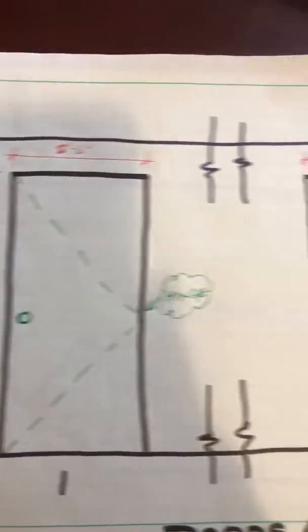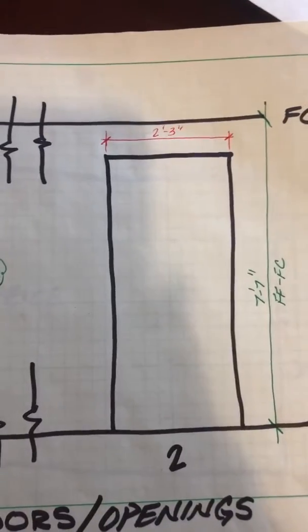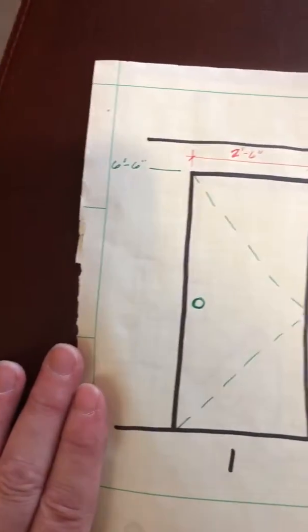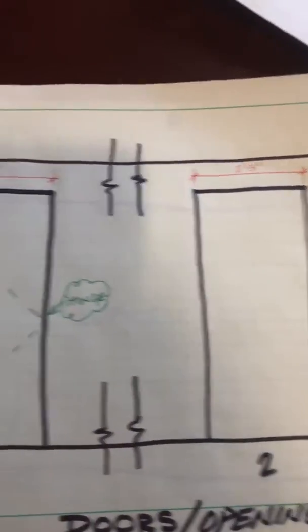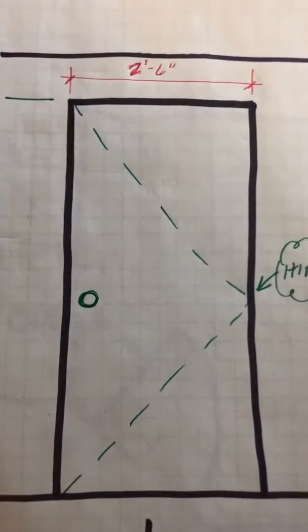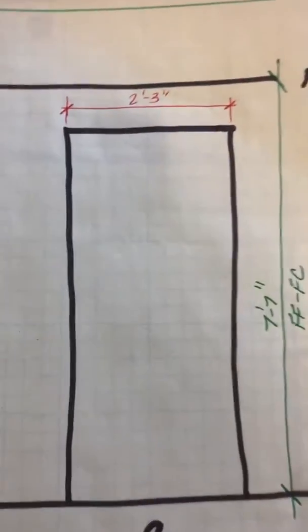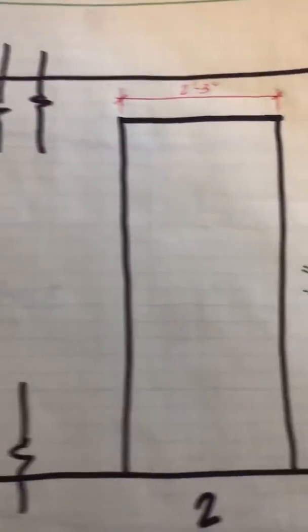It happens that both doors are the same height, so notice that I don't have height information for the closet door. If it's the same height, you can just leave that information and we can assume that it's the same across. But there is different width information, so it's 2 feet 6 inches for the width of the door and 2 feet 3 inches for the width of the closet opening.